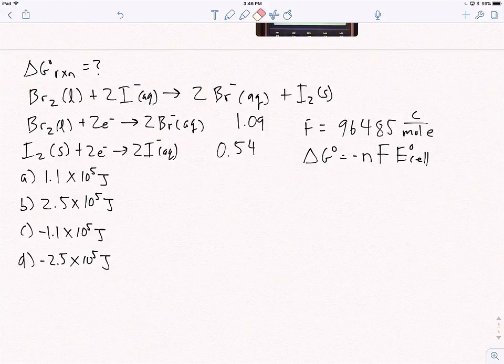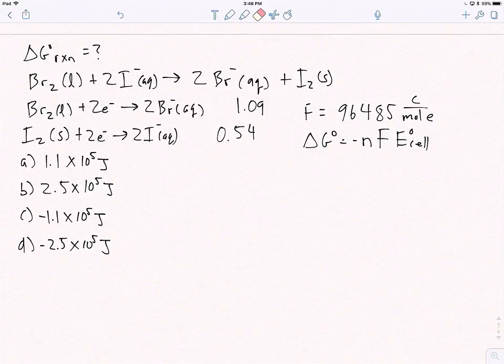Bromine plus 2 iodides makes 2 bromides and iodine. So there are the cell potentials. There's Faraday's constant. There's the equation.